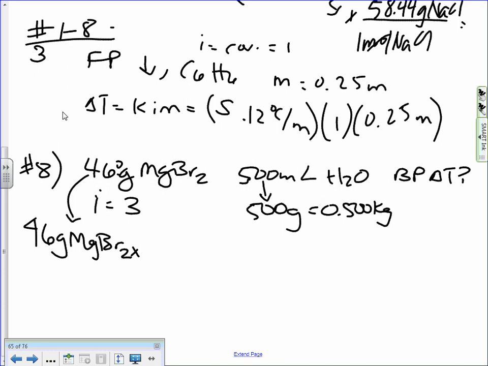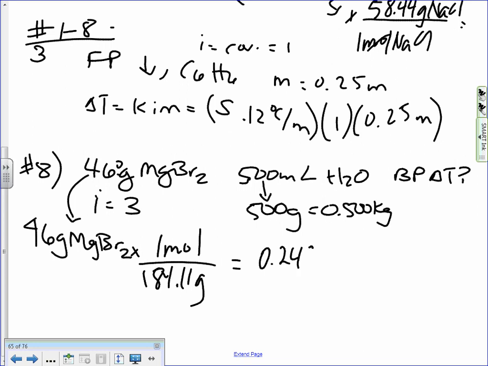184.11 grams of magnesium bromide is its molar mass, so that's 0.249 moles of magnesium bromide.